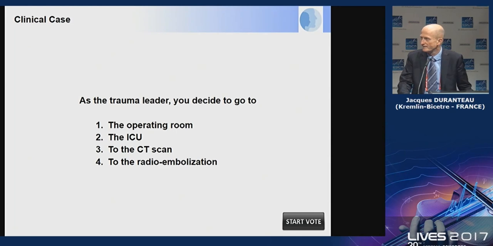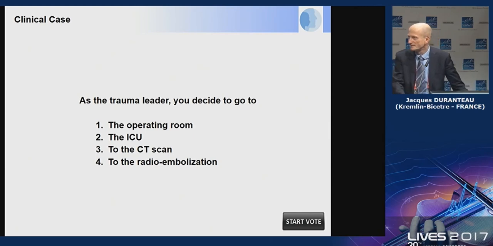Okay, can we vote on that? How many people have actually got the app on their phones? Probably a minority. Should we move to hands? Okay, so option one, who would go to the operating room with this unstable patient? Okay, so a significant minority. The ICU? One or two?